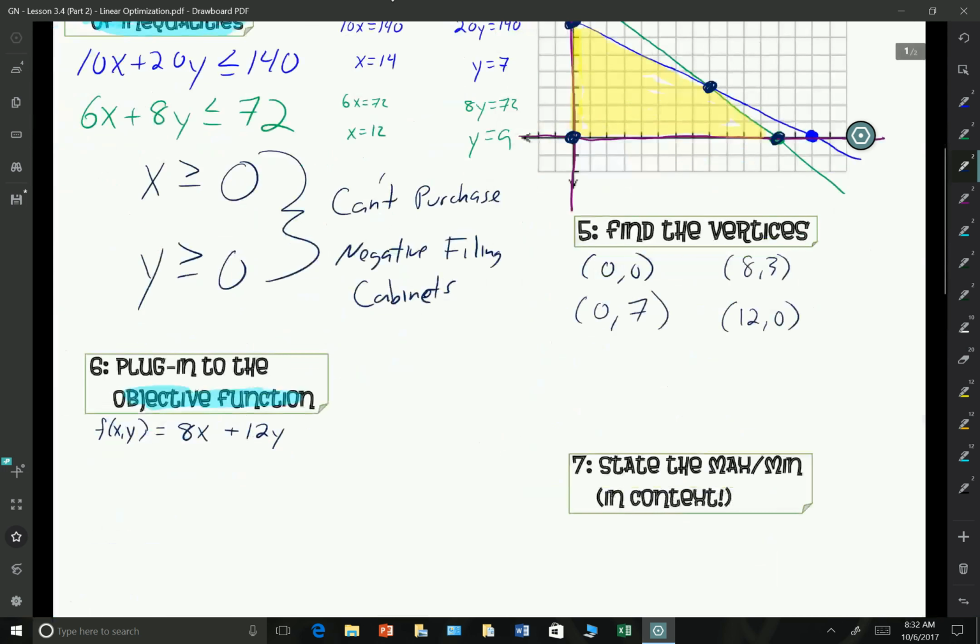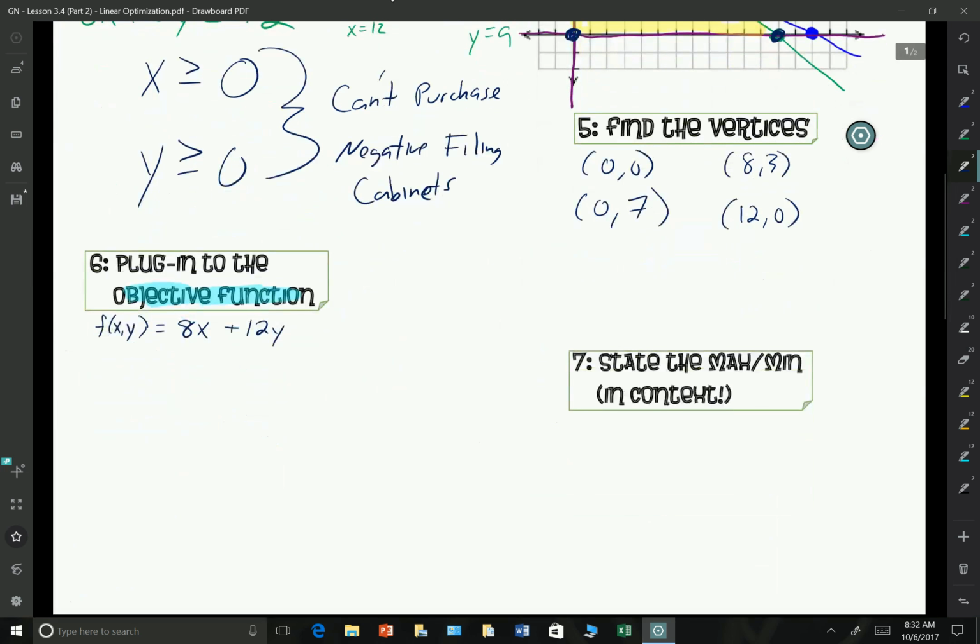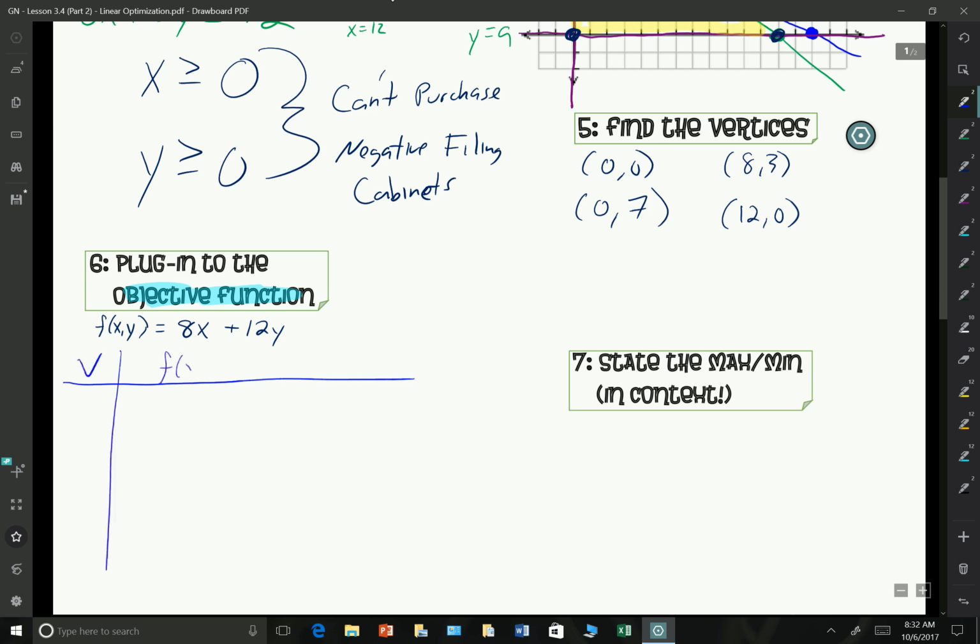Now we're going to take those vertices and plug them into our function. So we have our vertices, we have our function, and the problem says we want to maximize, doesn't it? So I'm trying to find max. 0, 0, that's the vertex.